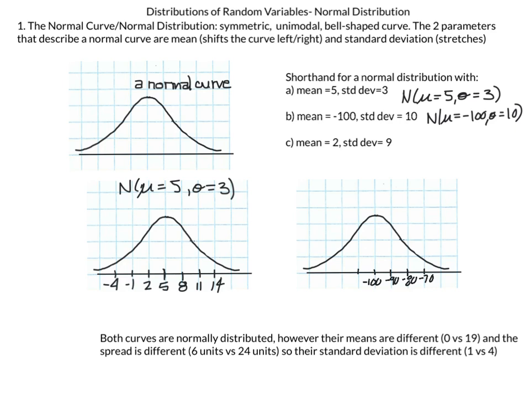Going this way, we have -110, -120, and -130. So this is kind of what this graph will look like. And finally, we have mean equal to 2 and standard deviation equal to 9. And I'm out of graphs, so I'm not going to graph this one for you.